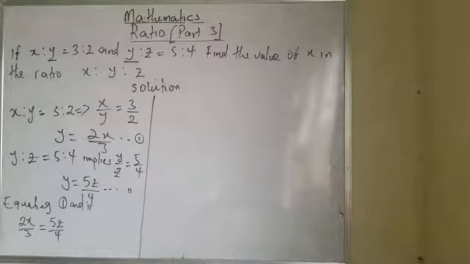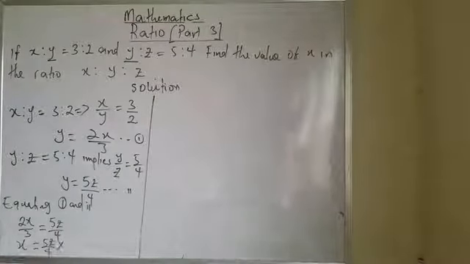Now, since I have this, at this point, what can I do? I want to make it in a way that x, the variable, will be on one side, while the numbers will be on the other side. Do you know that I have x equals 5z all over 4 multiplied by 3 all over 2.